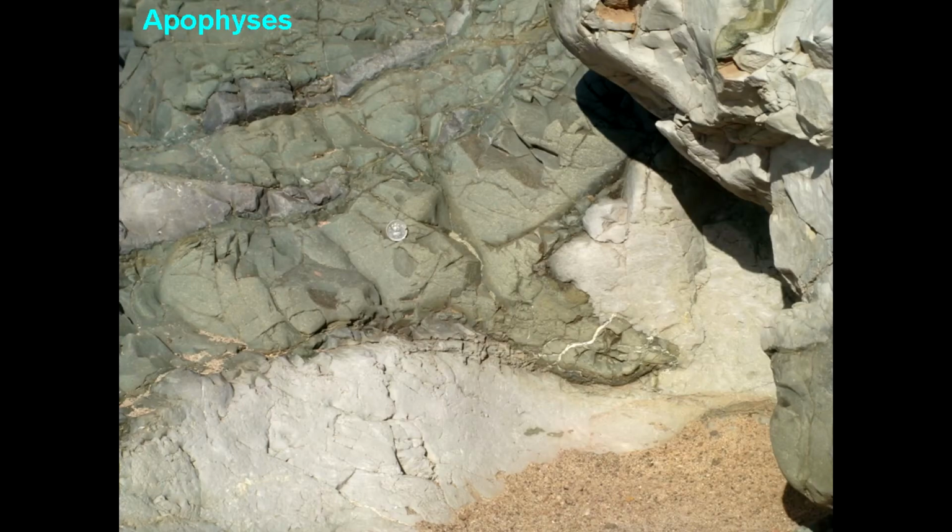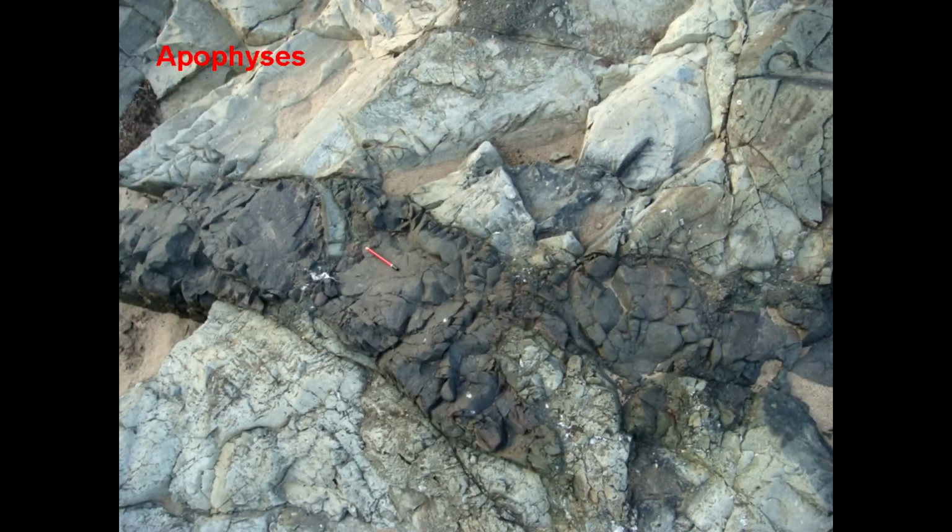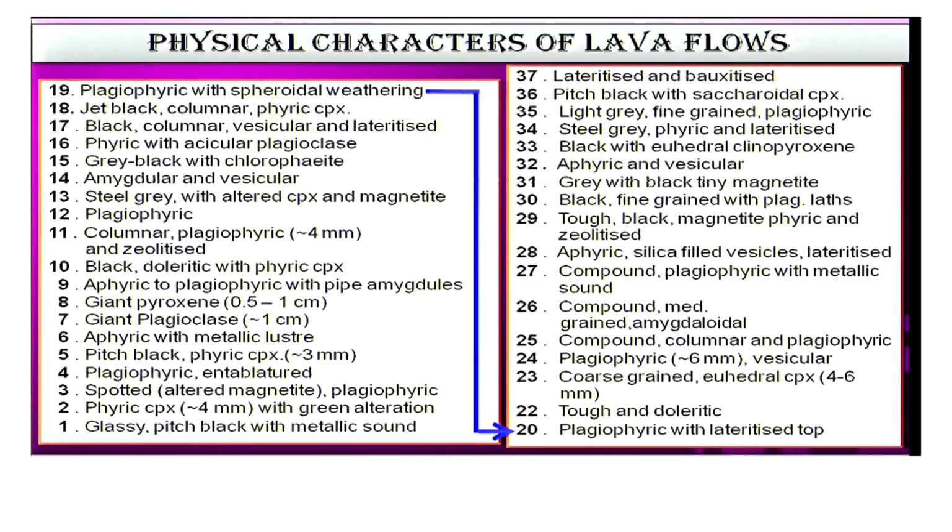Then a dike cuts across the lava flow. A dike is also in the form of apophysis, in the form of tongues. Wherever they find a weak zone, the magma or lava goes into it and later consolidates in the form of apophysis.